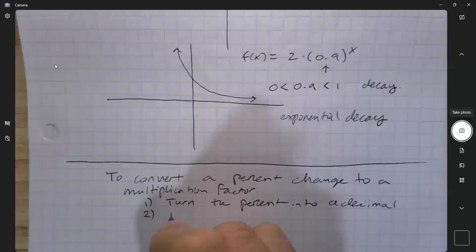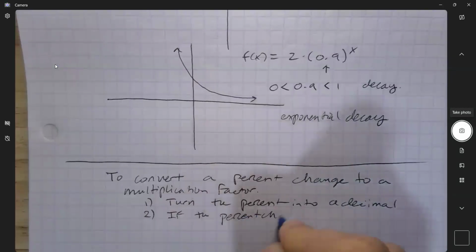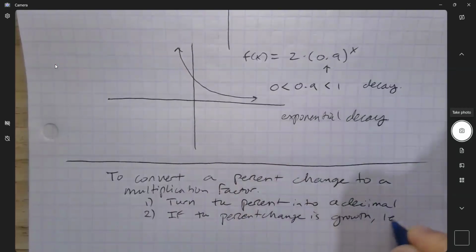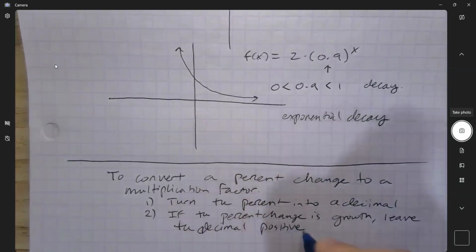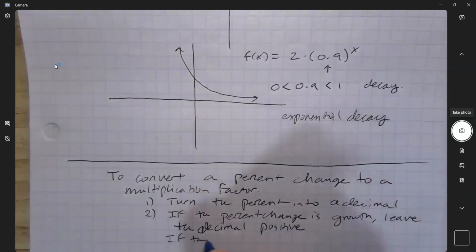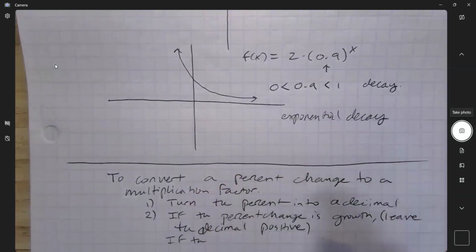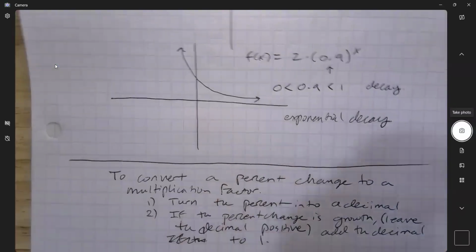Step 2, if the percent change is growth, add the decimal to 1.